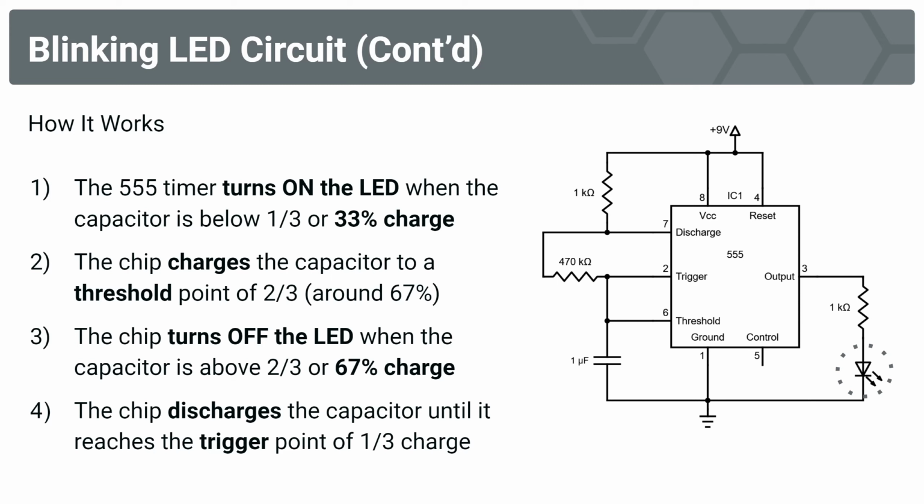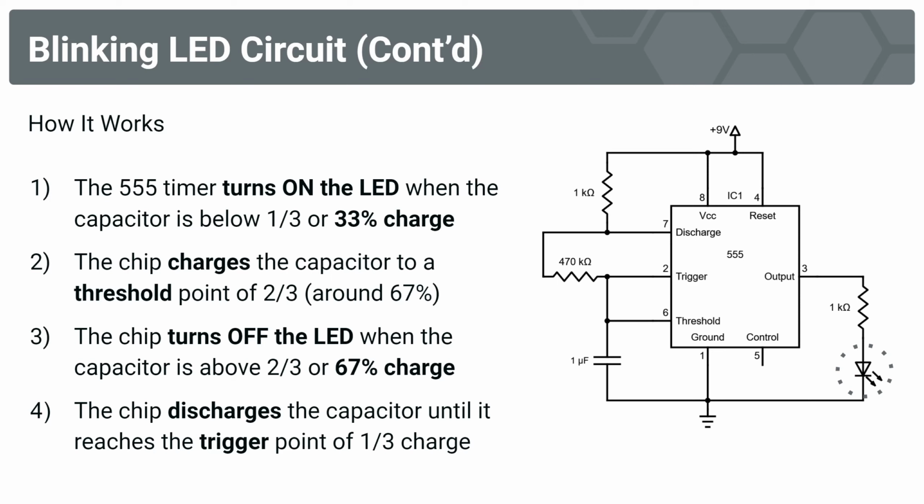And what we want to focus on right now is that output pin, which is connected to an LED. Remember, the purpose of our blinking LED circuit is to cycle this LED off and on at a consistent frequency.